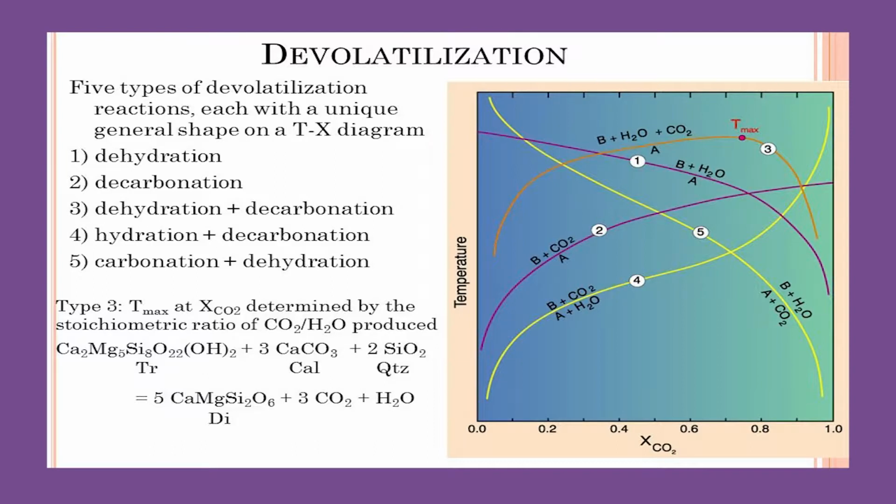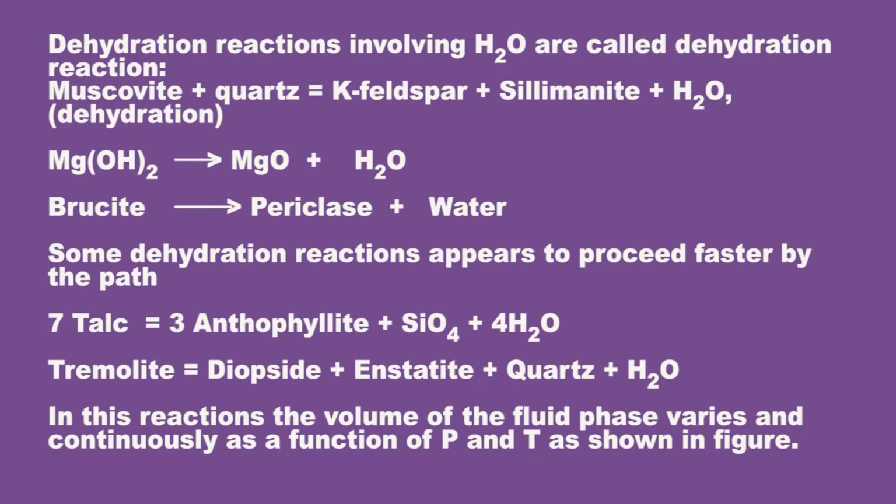Examples of dehydration and decarbonation reactions: reactions involving H2O are called dehydration reactions. Muscovite plus quartz give rise to potash feldspar plus sillimanite plus H2O, a dehydration reaction. Mg(OH)2 give rise to MgO plus H2O, brucite give rise to periclase plus water.